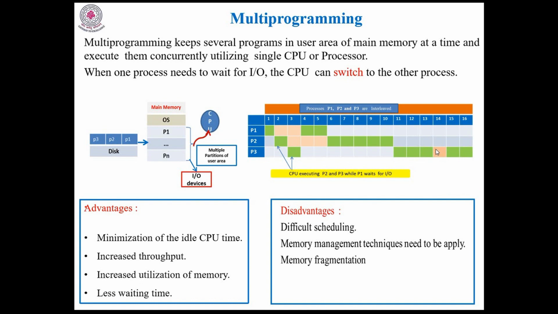Why is the CPU idle for 1 millisecond? As per the ready queue size, only 3 processes are available, so the CPU is idle. Suppose one more process is available in the ready queue, then the CPU can engage with the next process. But as per the queue size, only 3 are there, so the CPU is idle.